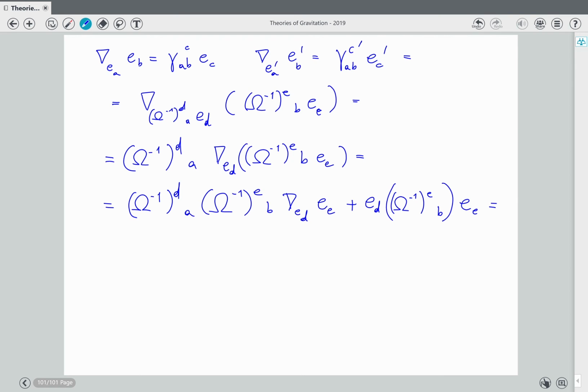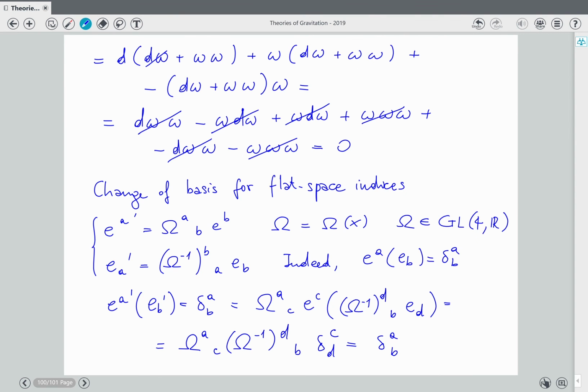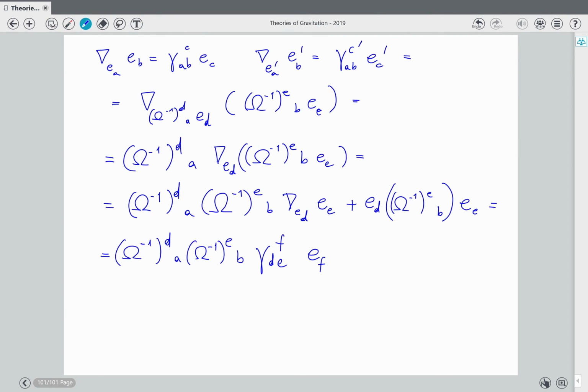Now the first object here can be written as gamma D E F E F. And the second object, let me write this E F. This is a vector.